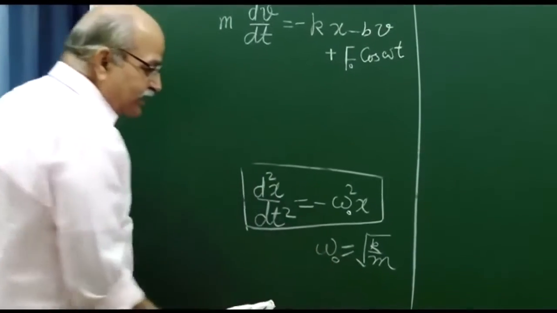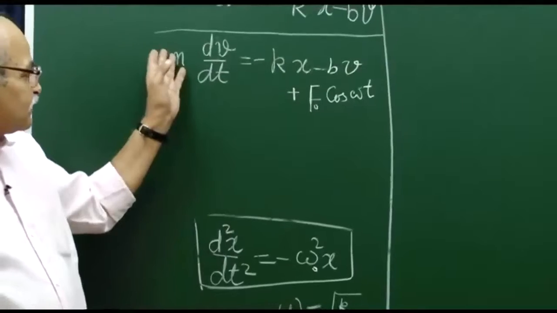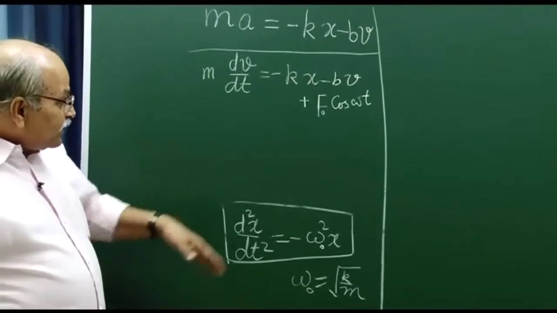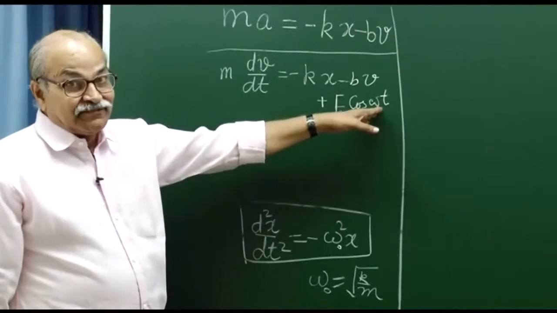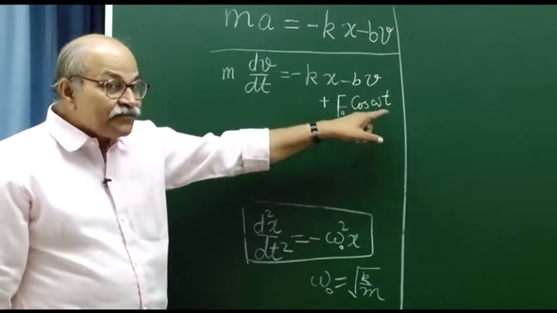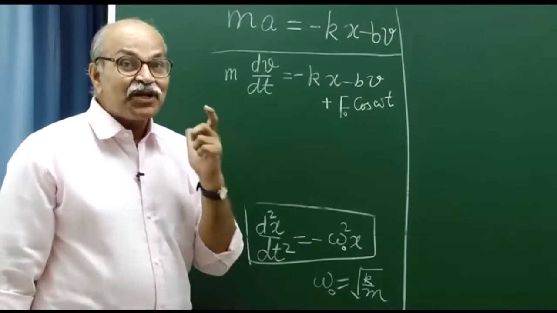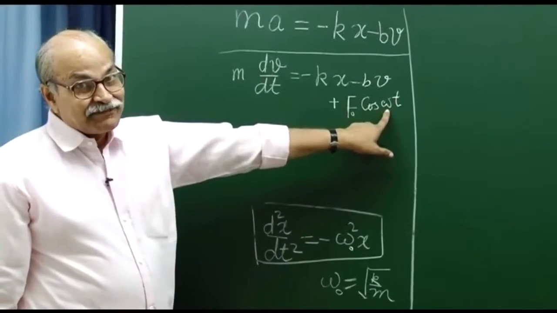Your omega naught is square root k by m, this restoring force and this system's mass. Together with this you have another omega coming in, and this is the omega which I can control. If I am applying that periodic force, I can decide what this omega should be.